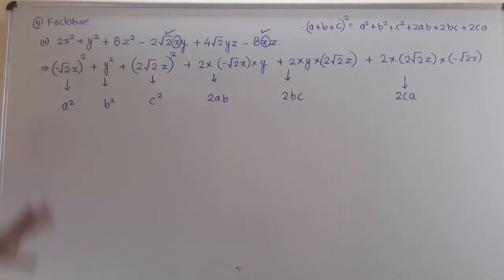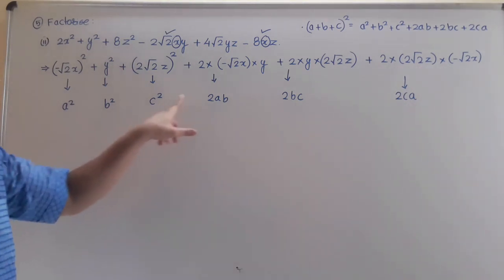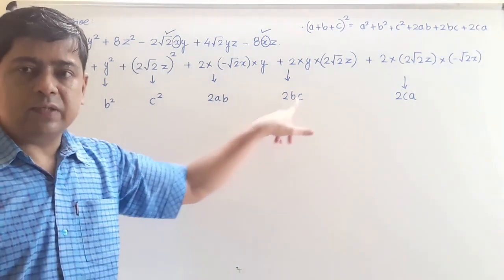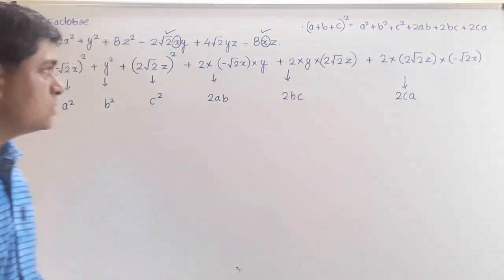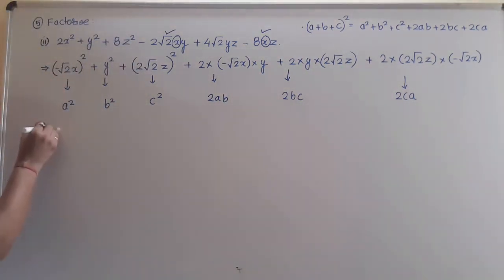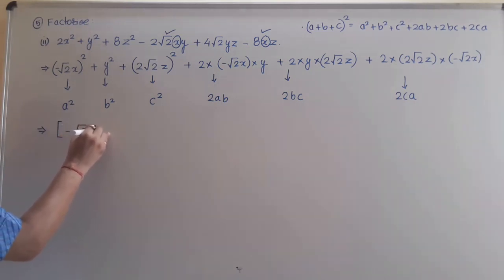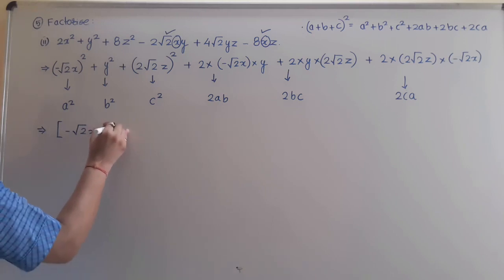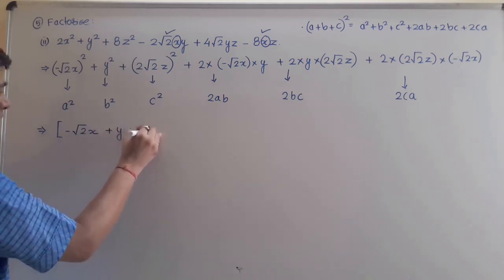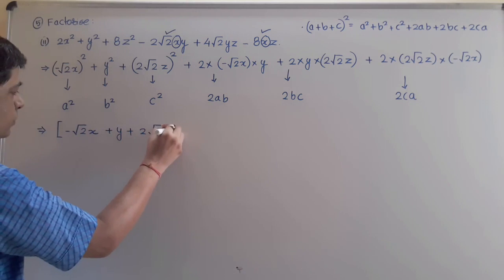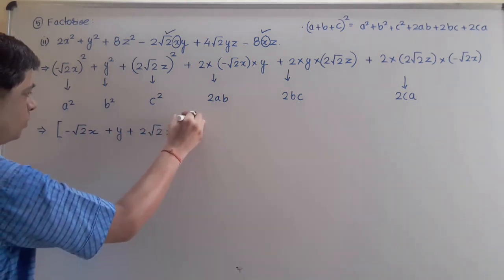Now you see my terms are perfectly arranged in the form a square plus b square plus c square plus 2ab plus 2bc plus 2ca. So now I can convert them into the form a plus b plus c the whole square. So what is the value of a I have? Value of a will be equal to minus of under root of 2 into x. Similarly, the value of b I have y, and c I have here 2 under root of 2 into z whole power 2.